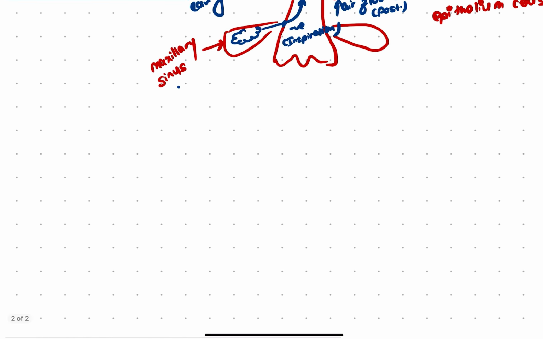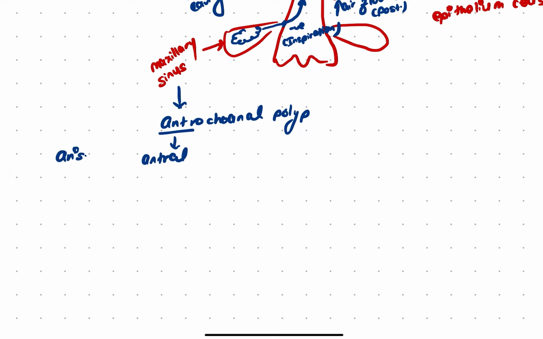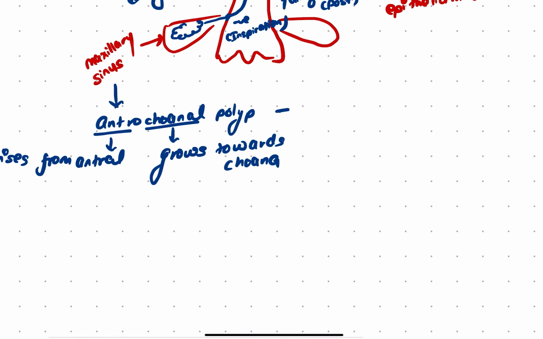So any polyp which arises from the maxillary sinus will give rise to an antrochoanal polyp. That means the polyp arises from the antrum, the maxillary antrum, and grows toward the choana. This polyp has three parts.